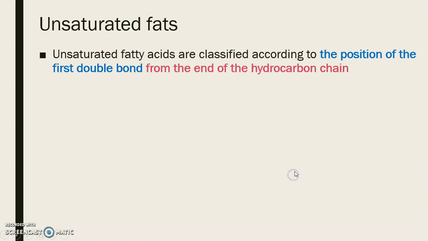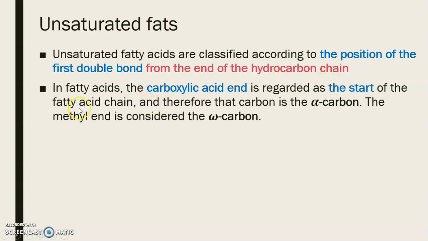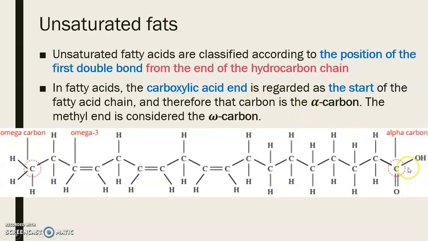Unsaturated fats. Unsaturated fatty acids are classified according to the position of the first double bond from the end of the hydrocarbon chain. Okay. So in fatty acids, the carboxylic end is regarded as the start of the fatty acid chain. Therefore, that carbon is the alpha carbon. You can see that carbon in the Q is the alpha carbon because that's regarded as the start of the chain.